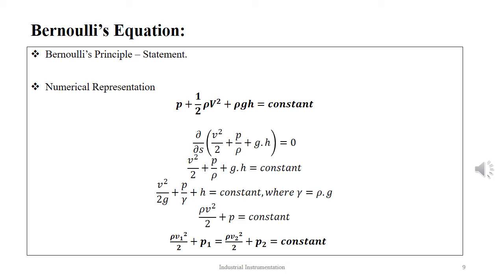Thus, if we consider a constriction in the path of flow, and on either side we have components termed as suffix 1 and suffix 2, we get rho V1 square by 2 plus P1 equal to rho V2 square by 2 plus P2, and they should be equal to hold Bernoulli's equation true.